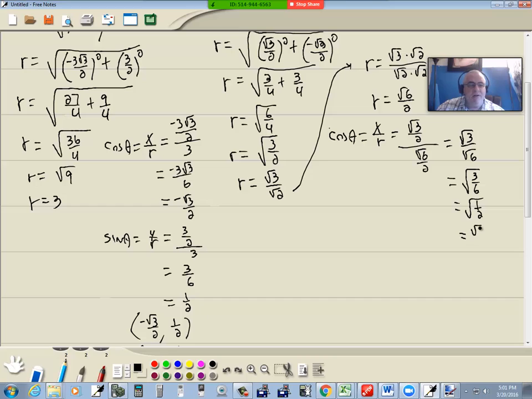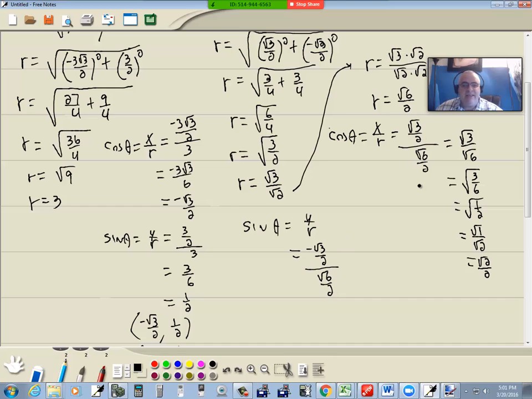Split that back apart into square root of 1 over square root of 2, and multiply top and bottom by square root of 2, and you get square root of 2 over 2. Now sine. It's going to be y over r, and y is very similar, except for it's negative square root of 3 over 2. Over r, which is still square root of 6 over 2.